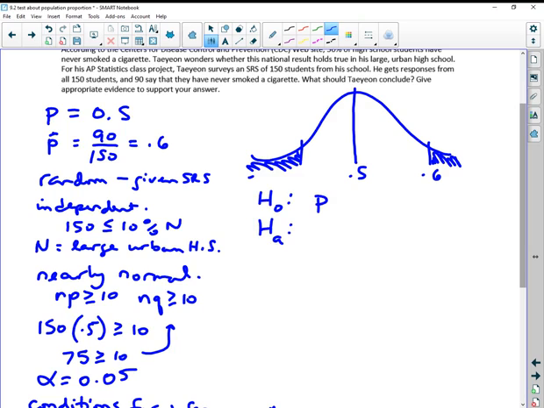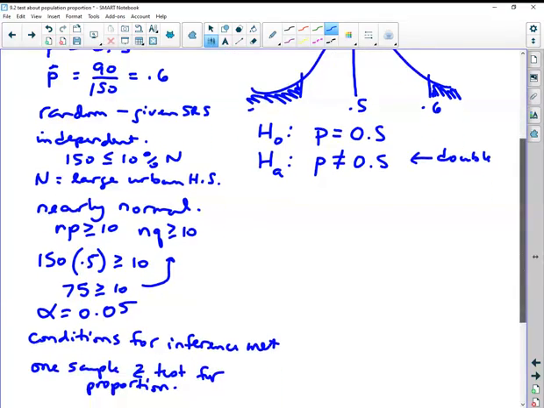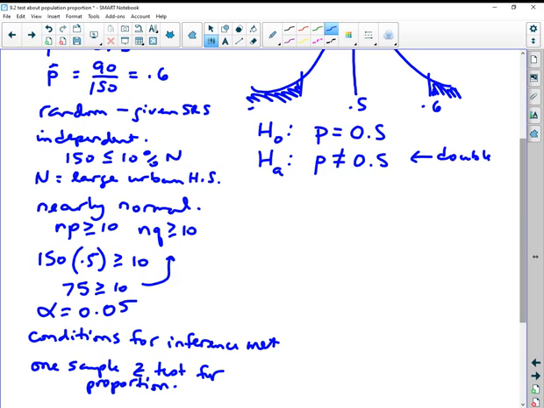Statements of equality in the null, and there's my parameter value that we're going to assume is true, and we are looking for the two-tailed situation where it's different. That's why I have both tails, and we're going to have to double our p-value at the end to make sure we get the right probability.